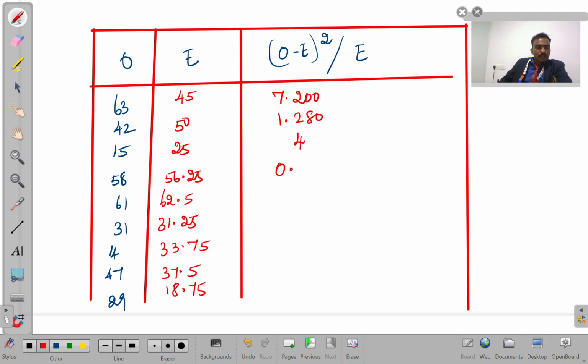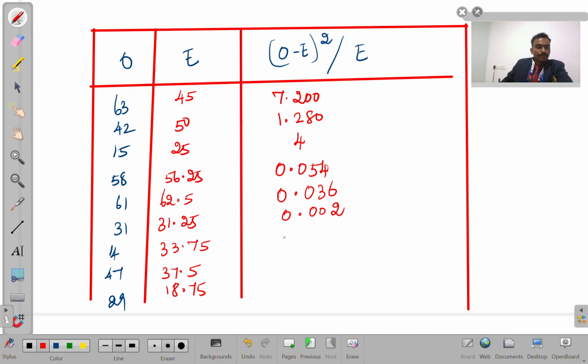The value is 0.054. The next one is 61 minus 62.5 the whole square by 62.5. The value is 0.036. Then 31 minus 31.25 whole square divided by 31.25. The value is 0.002. Then 14 minus 33.75 whole square divided by the expected value.